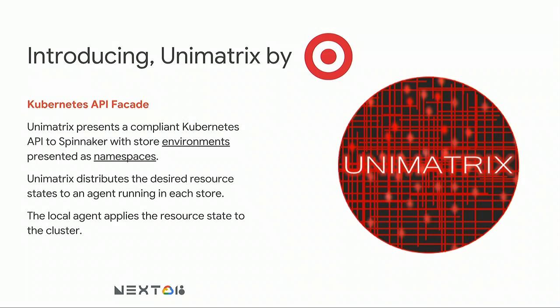You probably haven't read the Target blog, but if you had, we recently posted a thing called Unimatrix. Unimatrix is a tool that we built in-house to manage our store deployments, and it effectively is a Kubernetes API facade layer. It presents a Kubernetes-compliant API, replica sets and pods, services, config maps, the whole spiel, and it presents those store groupings as namespaces onto that API.